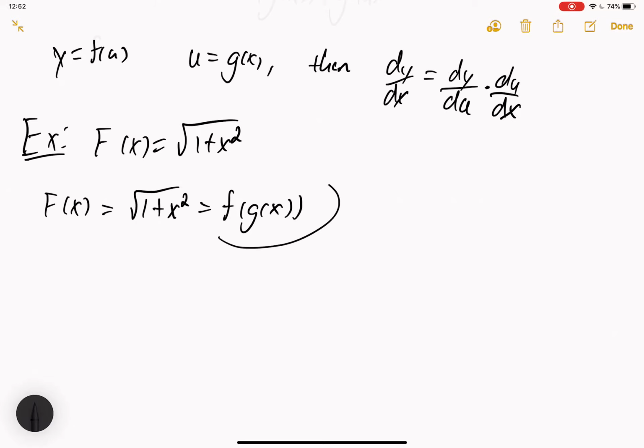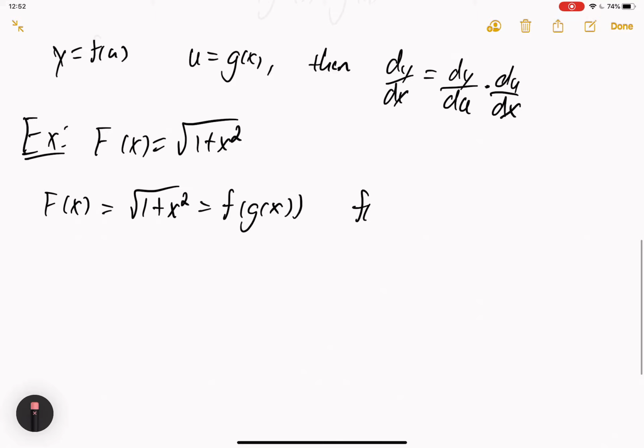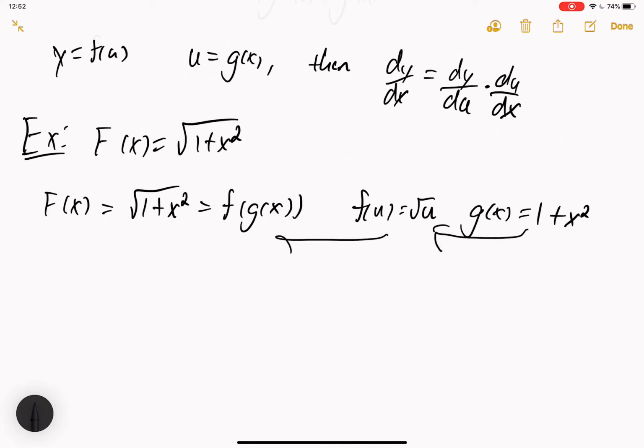But we can write it as a composition like this. f of x could equal the square root of x. In this case, I'm going to switch variables a bit. I'm going to say f of u is equal to the square root of u, and then g of x is equal to 1 plus x squared. That way, when we plug it in, we would just get back to here.